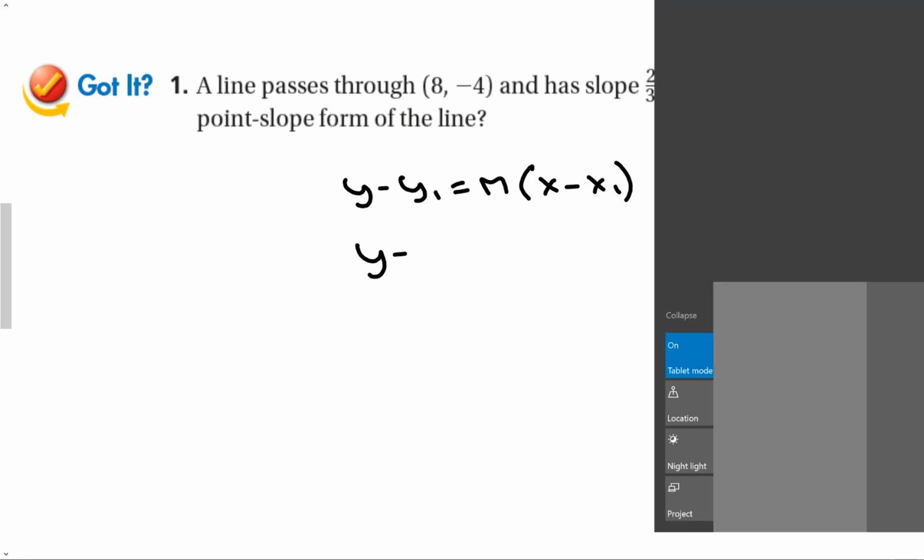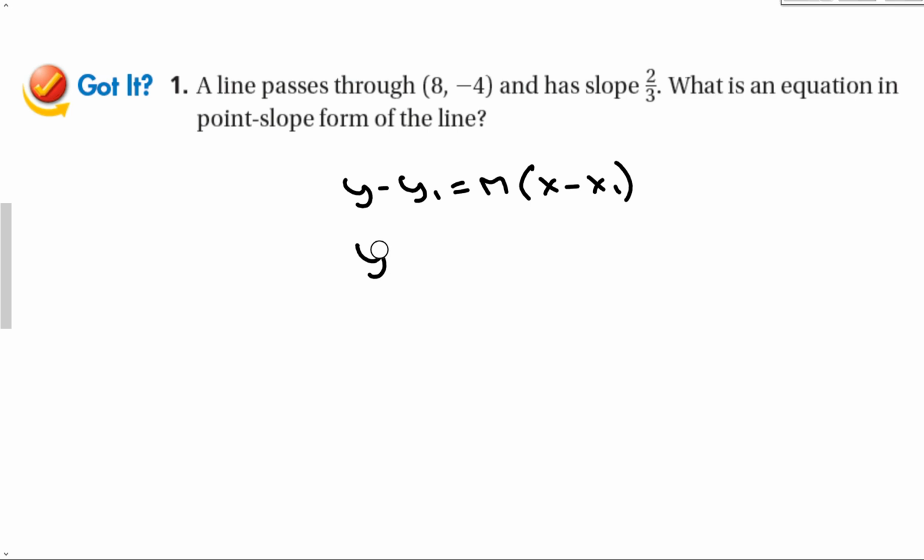So y minus negative 4, which turns into plus 4, is equal to 2/3 times x minus 8.